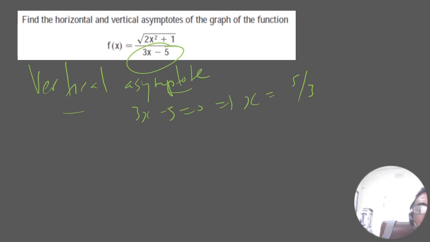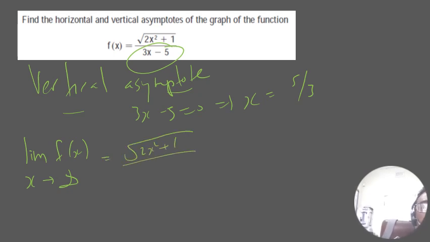So if I had to write down the limit, now watch this, of f of x as x tends to infinity of root of 2x squared plus 1 all over 3x minus 5. If I do a direct substitution, I'm getting infinity over infinity.